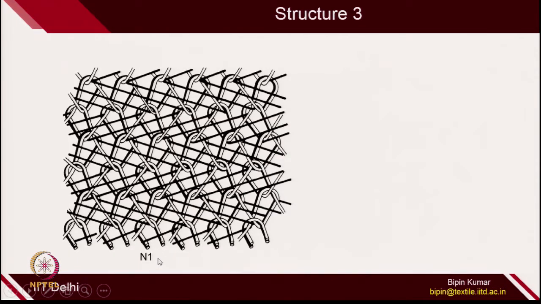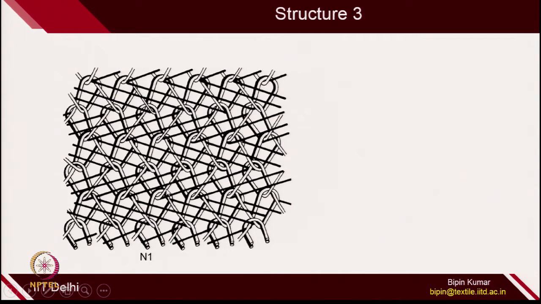If you carefully see here, this structure looks very complicated, but if you just focus on one particular loop, for example, this particular loop, you can identify two different colors of yarn. One is the white color of yarn and the other one is the black color of yarn.